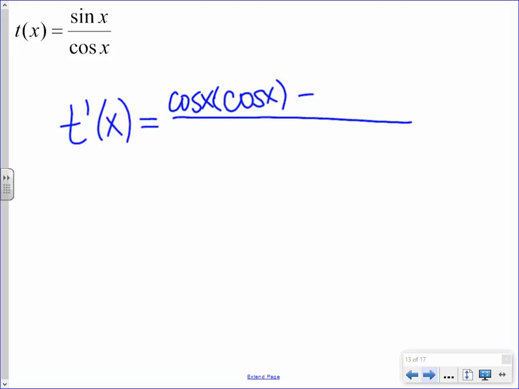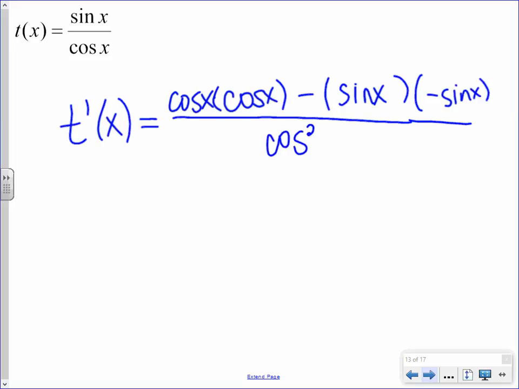Minus, the numerator function stays the same, times the derivative of the denominator, negative sine of x, all over low squared.